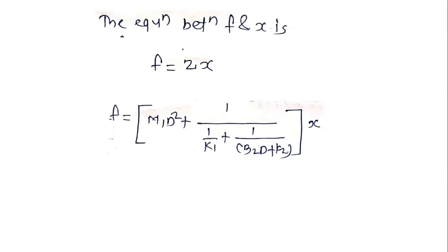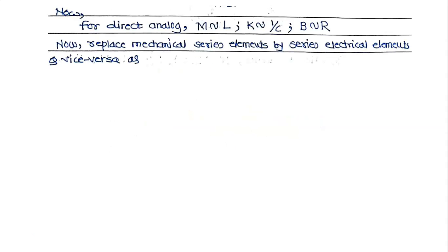Now, we will construct the direct analog circuit. For direct analog, M is equal to L, K is equal to 1 upon C and B is equal to R. Therefore, replace series mechanical elements by series electrical elements and vice versa, that is, parallel mechanical elements by parallel electrical elements.